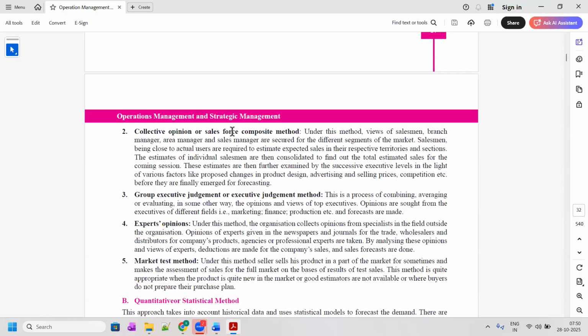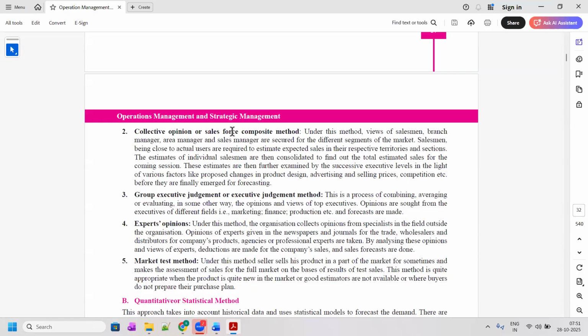So this is all about how individuals holding positions decide their sales, how much they can do and estimate in their respective territories and sections. The estimates of the individual salesmen are then consolidated to find out the total estimated sales for the coming session.